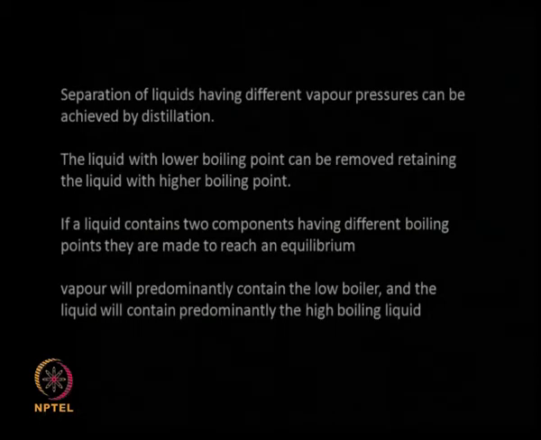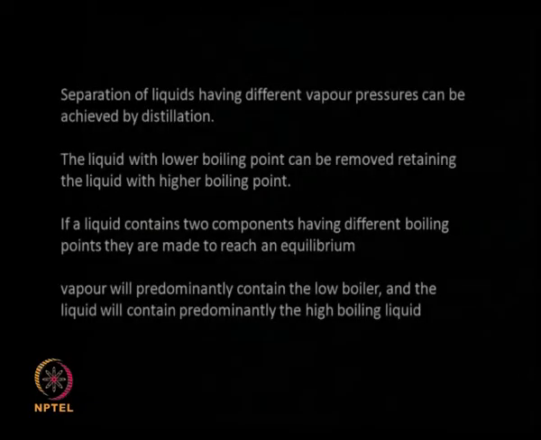For example, I have methanol and water, I heat it up, there is a vapor formed, there is a liquid. When I keep these two in equilibrium and analyze the vapor, it will have more methanol. If I analyze the liquid, it will have more water, because methanol is lower boiling than water, so more methanol will be in the vapor phase and more water will be in the liquid phase.